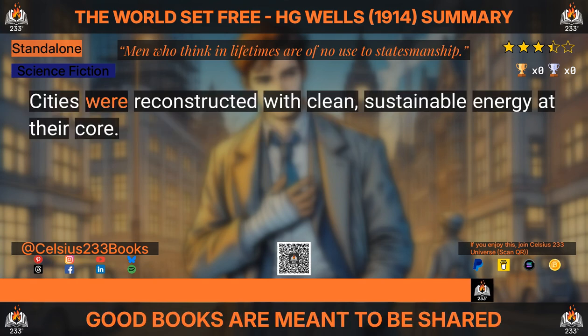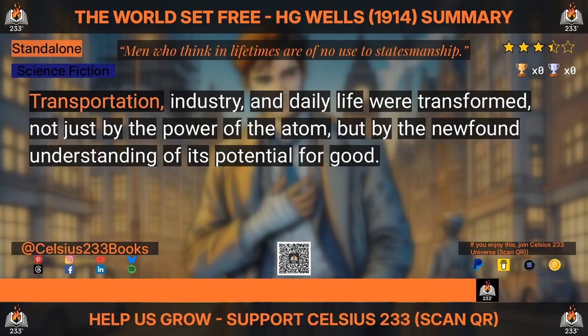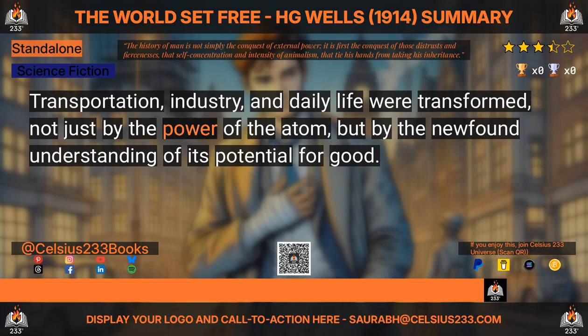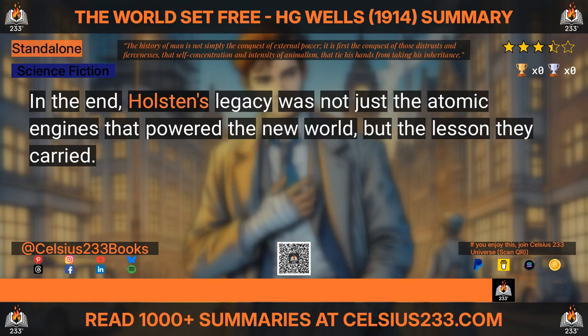Cities were reconstructed with clean, sustainable energy at their core. Transportation, industry, and daily life were transformed, not just by the power of the atom, but by the newfound understanding of its potential for good. In the end, Halston's legacy was not just the atomic engines that powered the new world, but the lesson they carried.